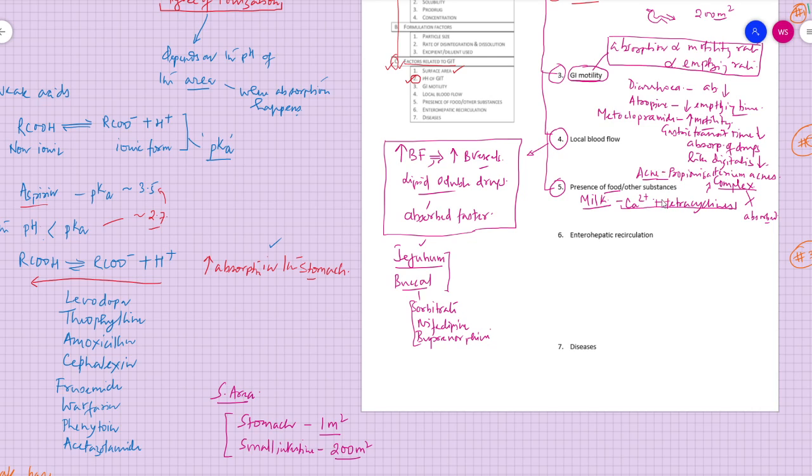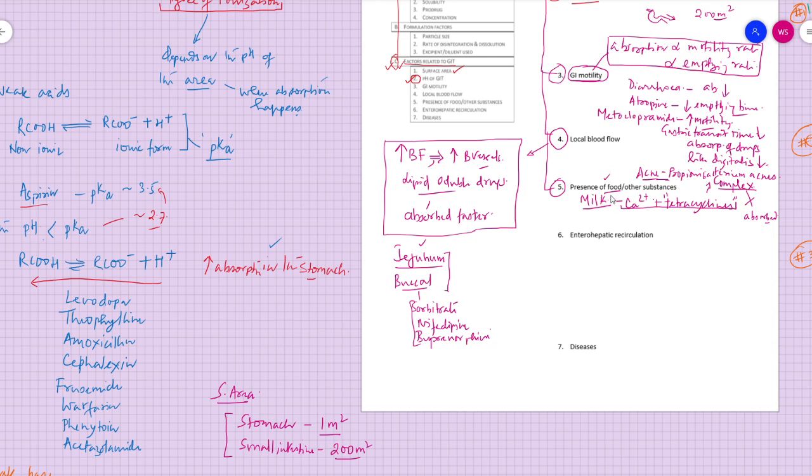So now you're giving tetracycline as a drug to counteract this bacteria. But what happens? You are concurrently drinking milk. You're taking tetracycline with milk. The calcium in the milk is going to complex with the tetracycline, and as a result, tetracycline will not be absorbed. Its effect on the pimples is going to reduce, so there can be a therapeutic failure.